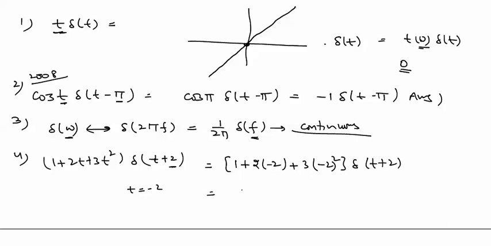What is the result? By solving this, we get 1 minus 4 plus 12 del t plus 2. The final result for us is 9 del t plus 2.